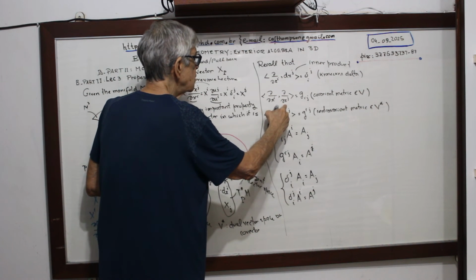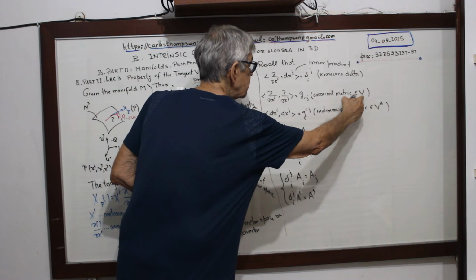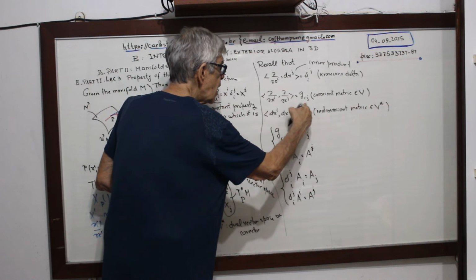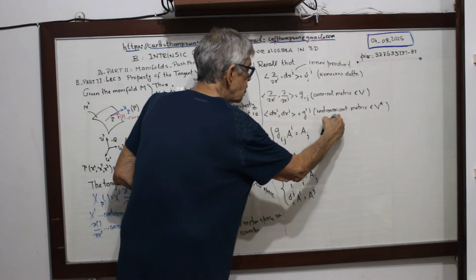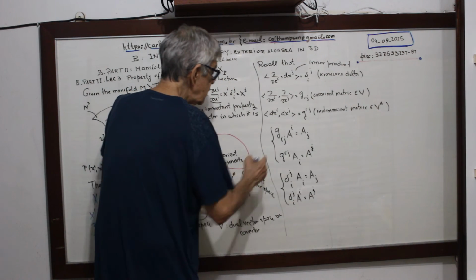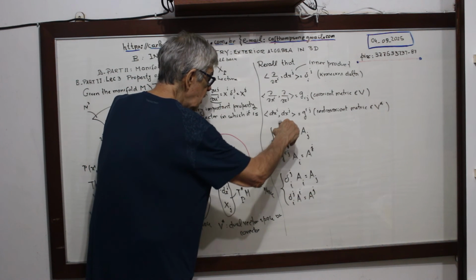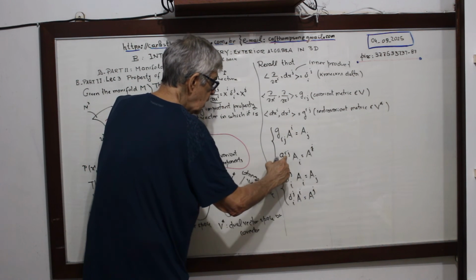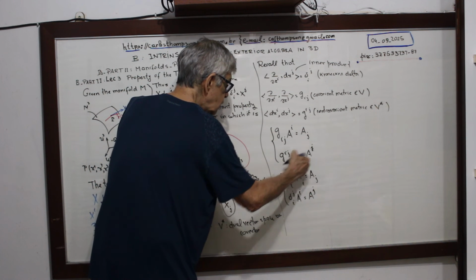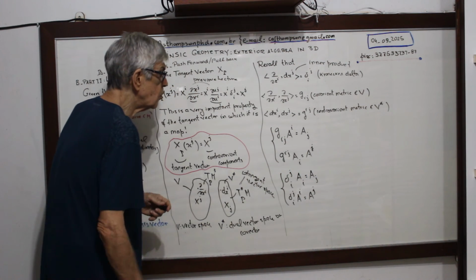The inner product between the same bases is Gij, the covariant metric, which belongs to the vector space. The inner product with upper indices, Gij, is the contravariant metric, which belongs to V asterisk, the dual vector space. And the property: Gij acting on Ai lowers the index to Aj. Gij acting on Ai goes to the upper index. And this is the property of the Kronecker delta.